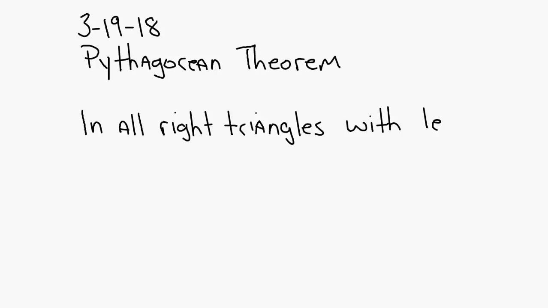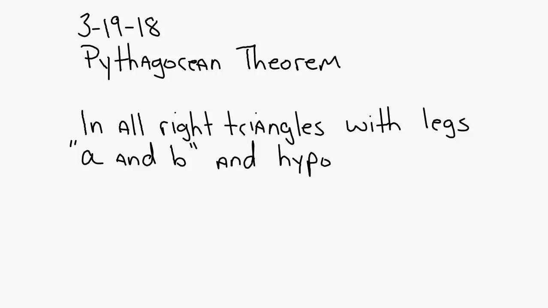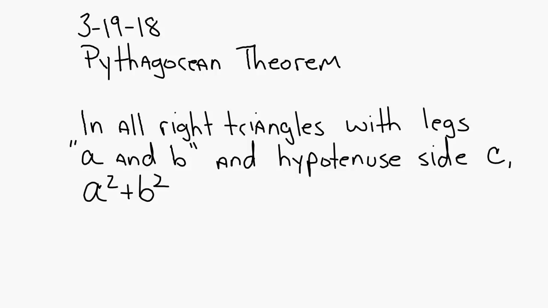with legs A and B, and hypotenuse side C, A squared plus B squared is always equal to C squared.